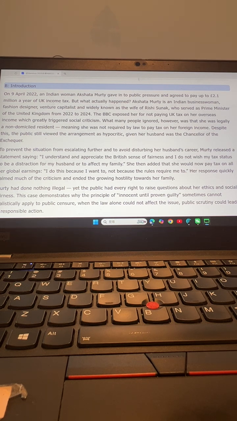And in the end, I just wrote that she has done nothing illegal, but the public had every right to question her. So that just shows why the principle of innocent until proven guilty cannot realistically apply to the public.